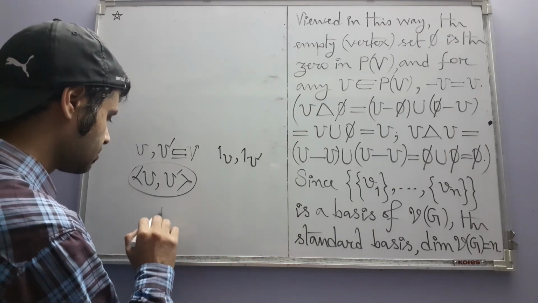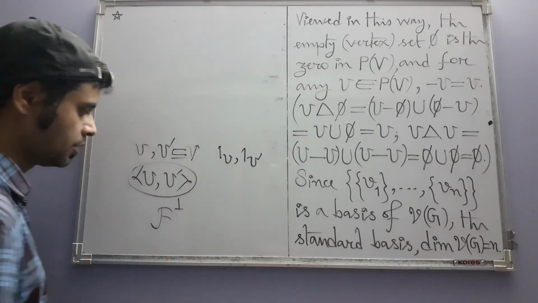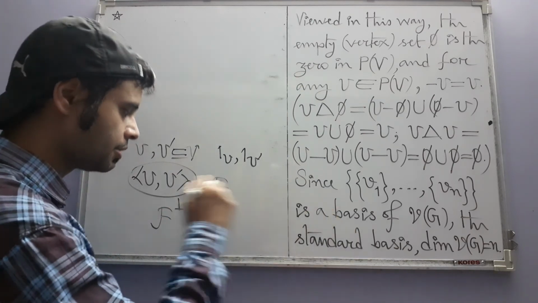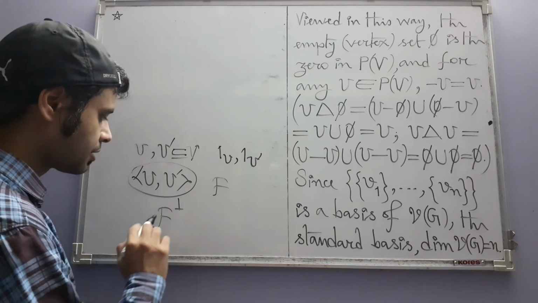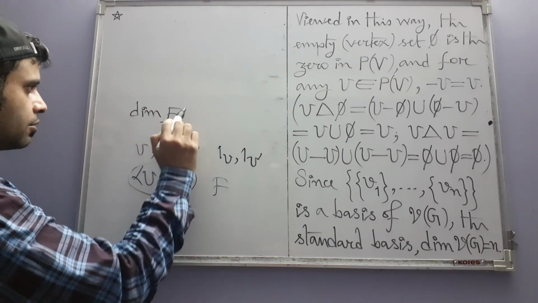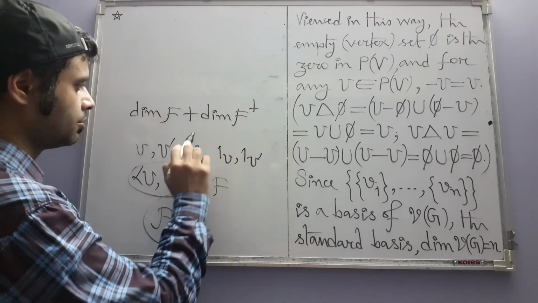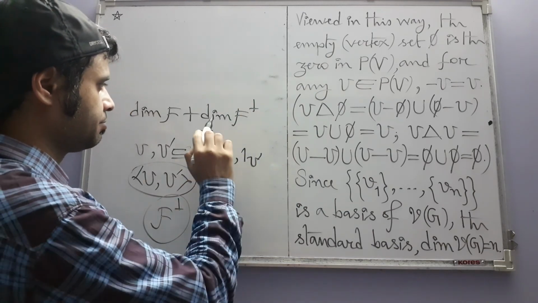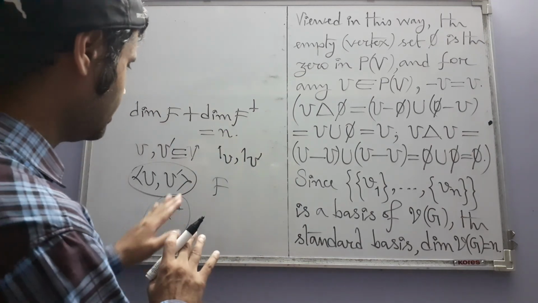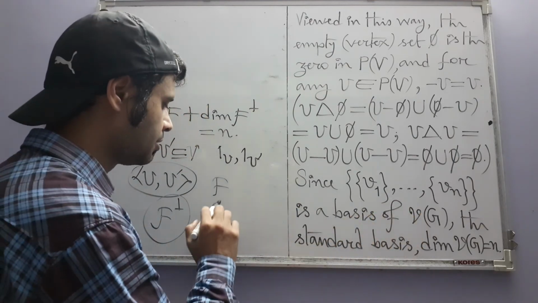One then defines this thing for a subspace f of your vector space nu of G, and it turns out that the dimension of your f and the dimension of your f perpendicular, if you add them, then you get n.